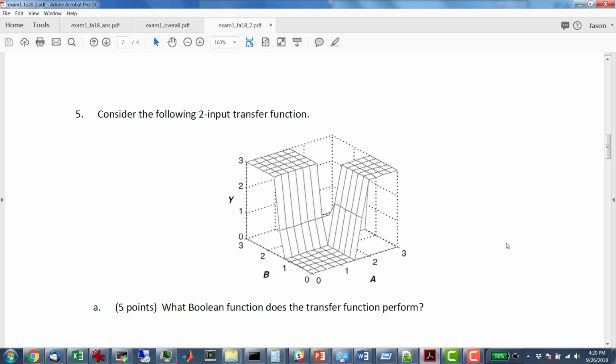Now the problem is if they're both high, if A is 1 and B is 1. It's kind of hard to tell, but the output clearly isn't 1, because if it was, I would have a surface up here that would be equal to these guys. So it must be 0.